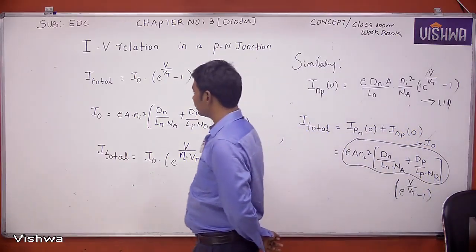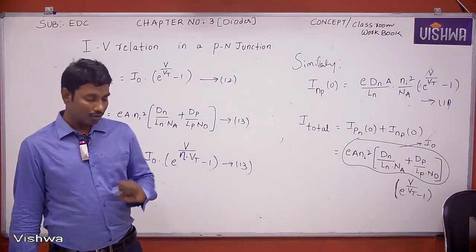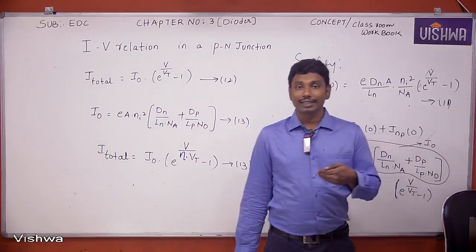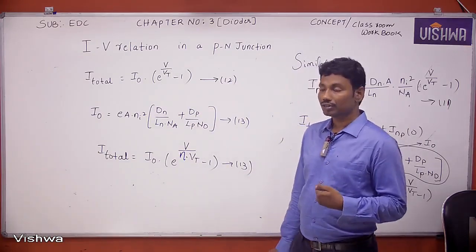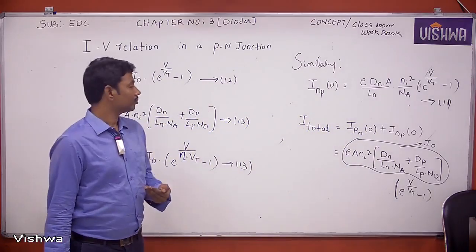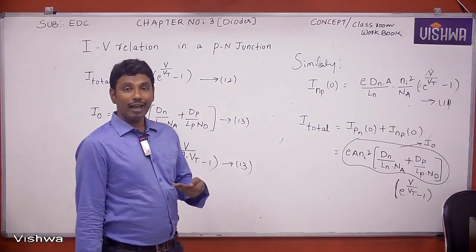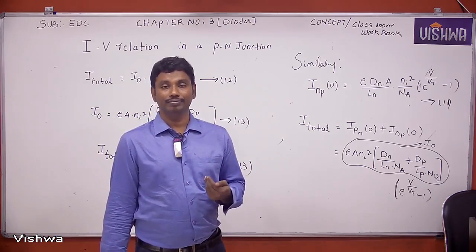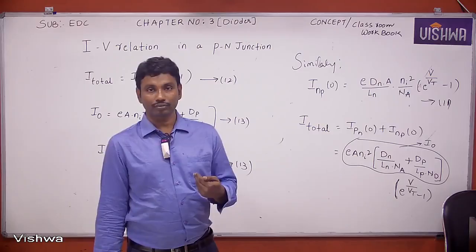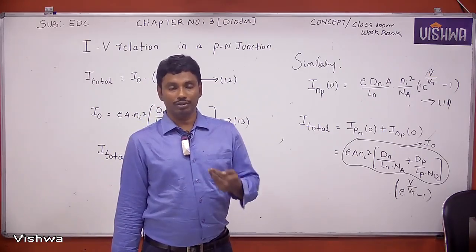Next one, write down. Equation 12 satisfies only for germanium diode and slightly disobeys for silicon diode. To eliminate the error between theoretical and practical values, a new term is introduced.